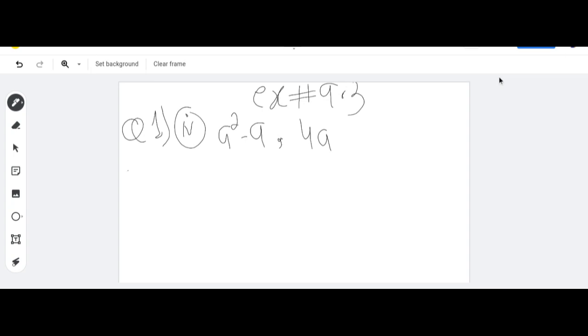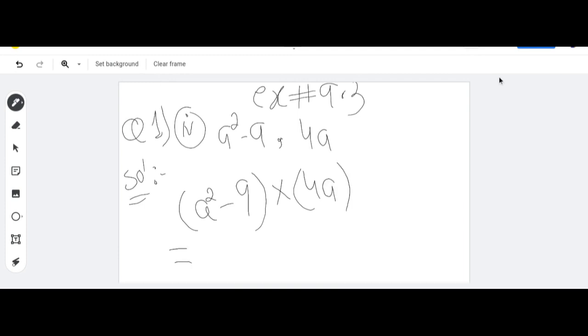The question will look like this: a squared minus 9 in brackets, multiplied by 4a. You multiply number with number and factor with factor. So 4a is multiplied with both terms. I will solve 4a with the first term.